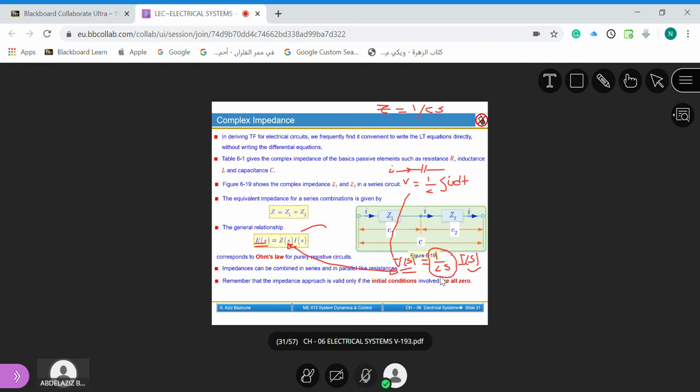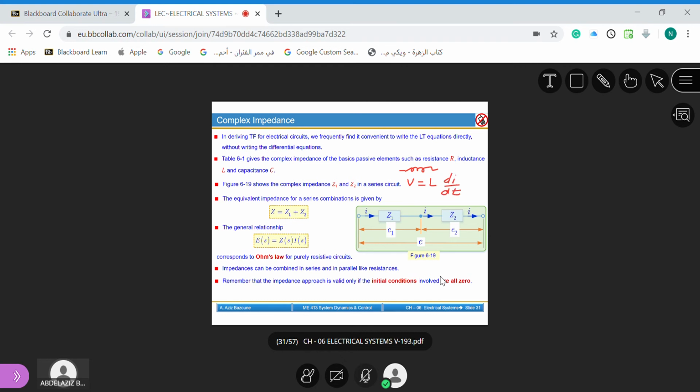If we have an inductor, we define the voltage to be L di over dt.